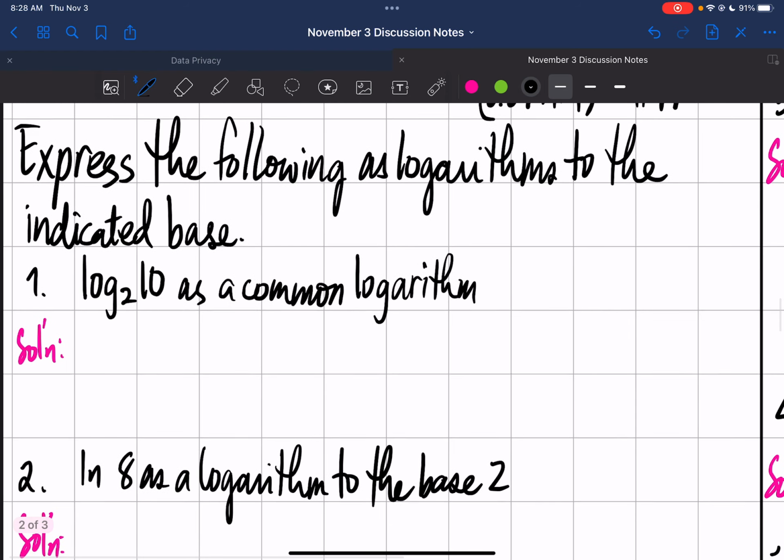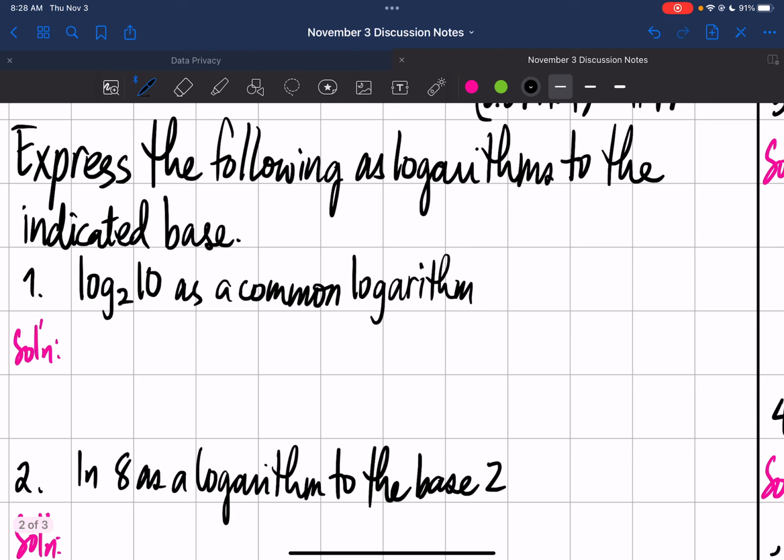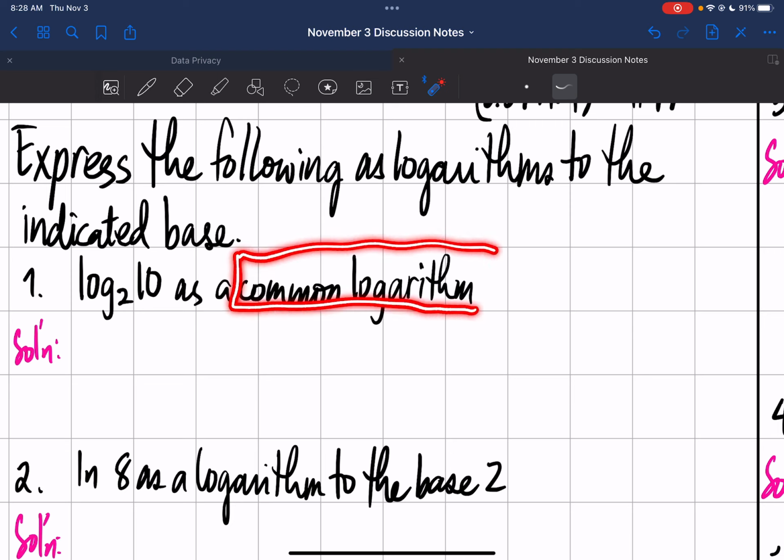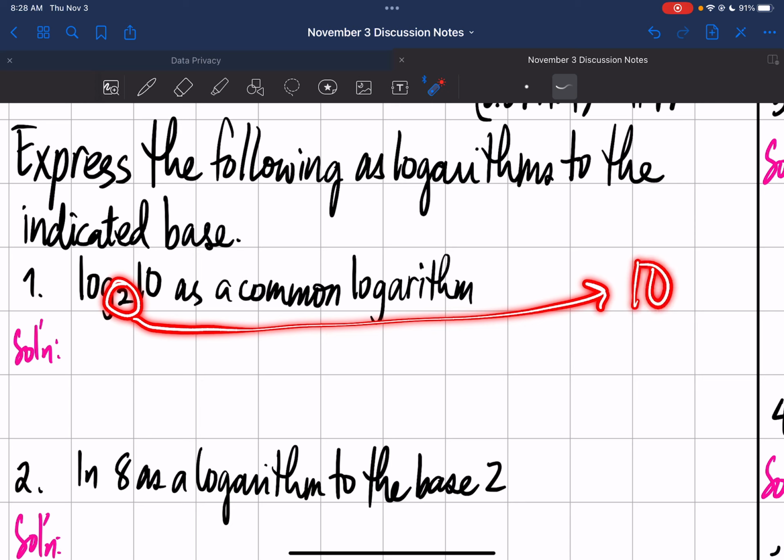So what we have here, express the following as logarithms to the indicated base. So number 1 is log 10 base 2 as a common logarithm. So common logarithm, kung tatandaan natin class, nung nakaraang discussion natin, this is logarithm base 10. So gagawin natin, i-change natin siya from base 2 to base 10.